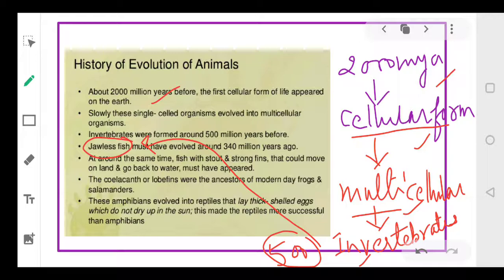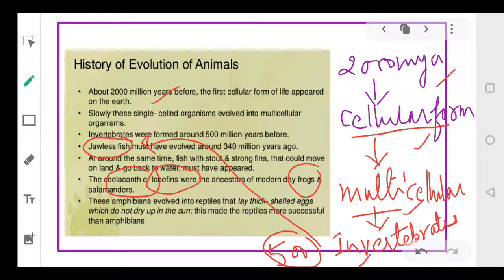Then came your fishes, you can say lobe fins, coelacanths, frogs and salamanders. Okay, and then the amphibians. So first of all, land plants were formed. Okay, jawless fishes, then came the land plants, then came some animals, and in the animals the fishes were the first to be formed, and then the amphibians.